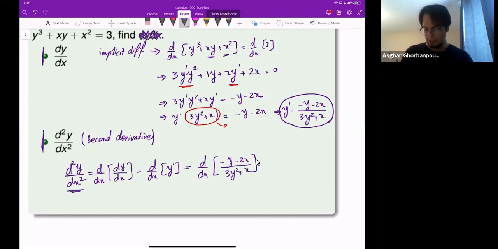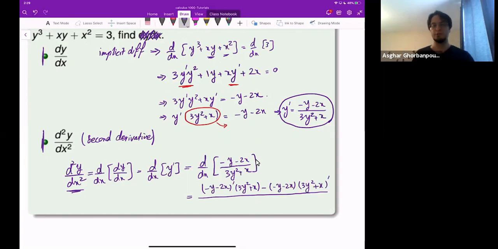Here, when you're trying to differentiate this, you definitely need to use the quotient rule: the derivative of the numerator times the denominator, minus the numerator times the derivative of the denominator, all over the denominator squared.